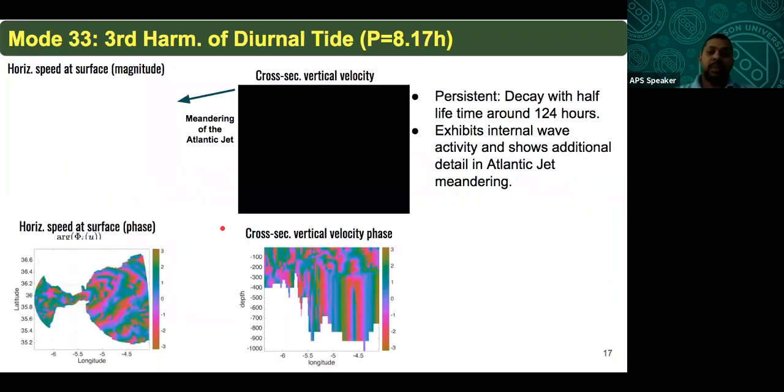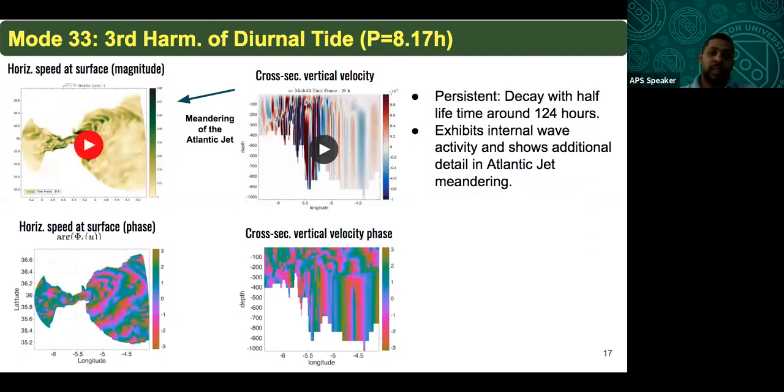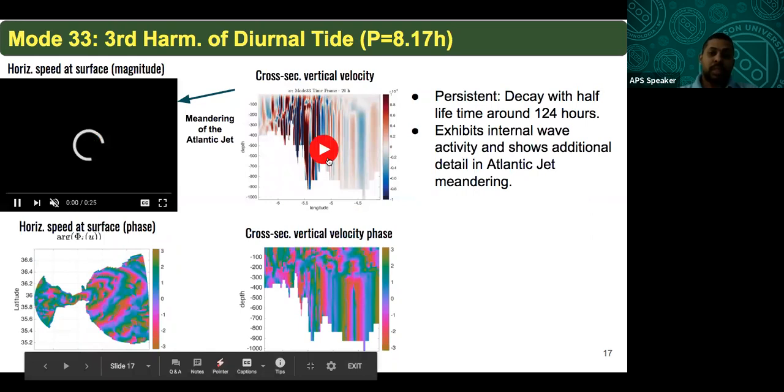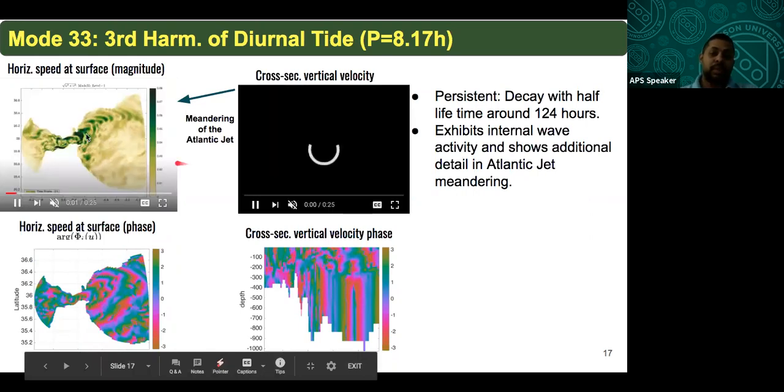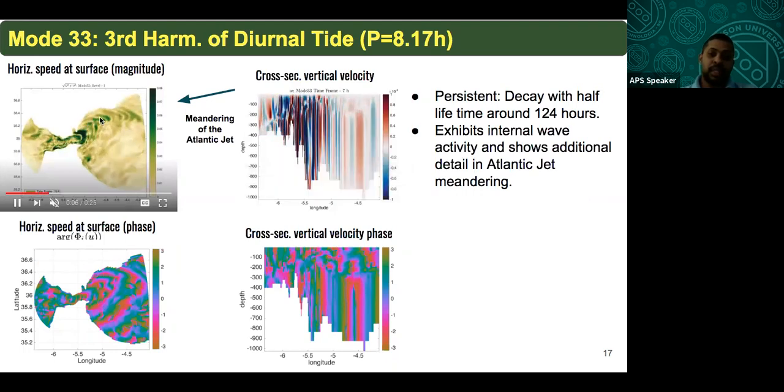We can further emphasize that when we consider the harmonic of the semi-diurnal mode, we can see the detail about those meanderings, and also the generation of the internal waves and the flow of the internal waves.